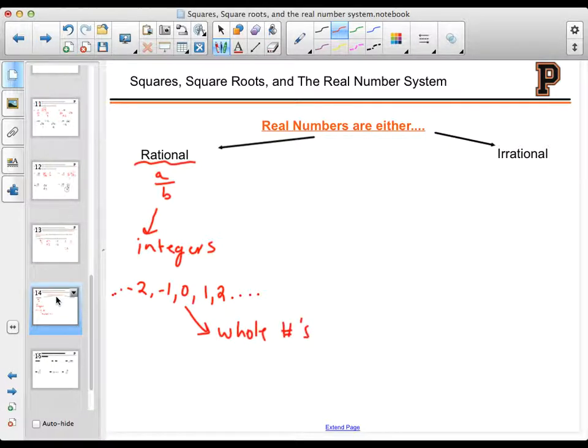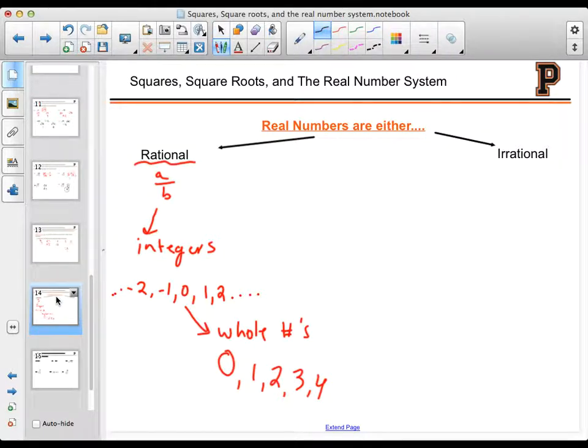Whole numbers are basically anything that starts at 0 and goes forward, right? Basically just positive integers are the whole numbers. There's another subset called natural numbers, but the only difference between natural and whole numbers is the number 0, so I'm just going to leave it out of here for simplicity, okay?